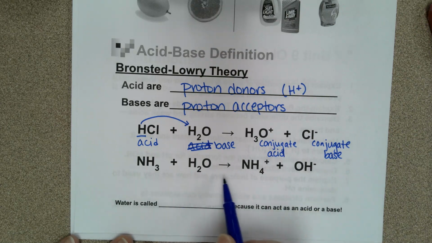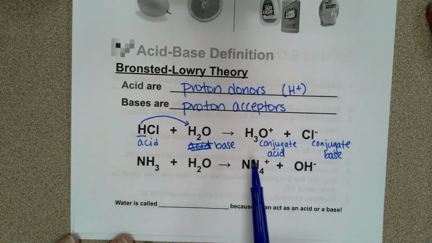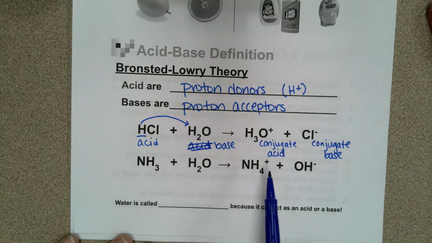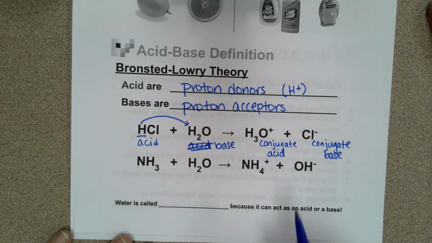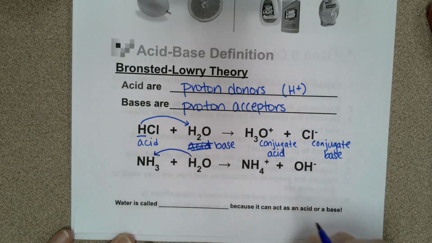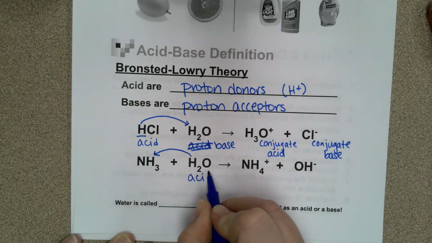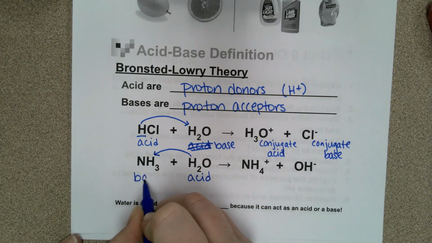All right, let's look at the next example. So if I look here, I have NH3 on the reactant side, and that turns into NH4 plus. That means that it accepted a hydrogen, a proton. So the proton's going to go from water to NH3. That makes water the acid, and the NH3 is the base.